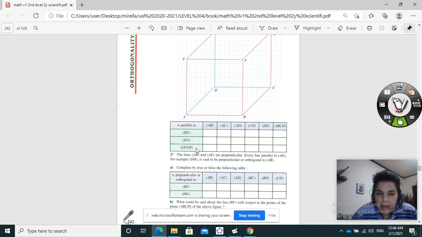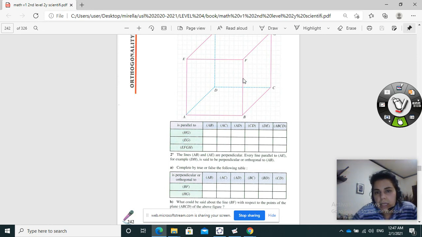Now I have BF and AC. First, there is nothing in common, so certainly I can't say the word perpendicular. I need to try to move BF parallel to itself, so which line is parallel to BF and has something in common with AC, the same letter?